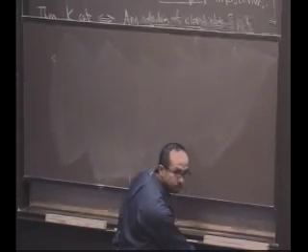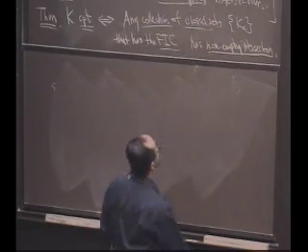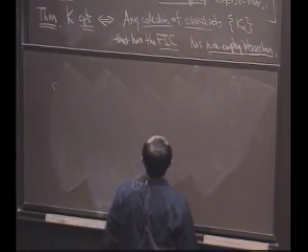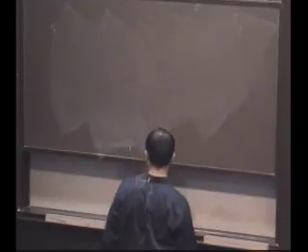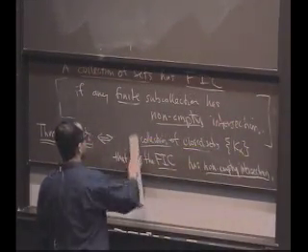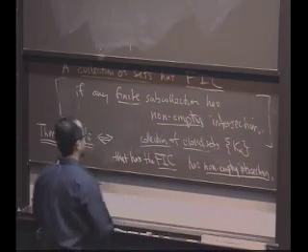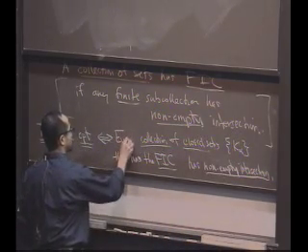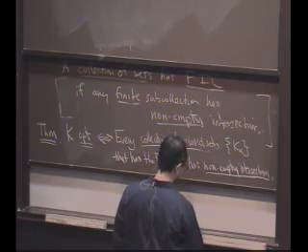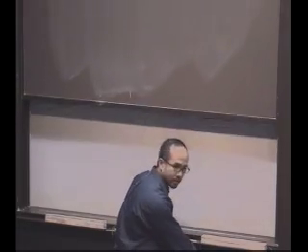Willie? That means every, yeah. Otherwise I would have said there exists. So maybe we should be more precise here. Every collection of closed sets that has the finite intersection condition has non-empty intersection.